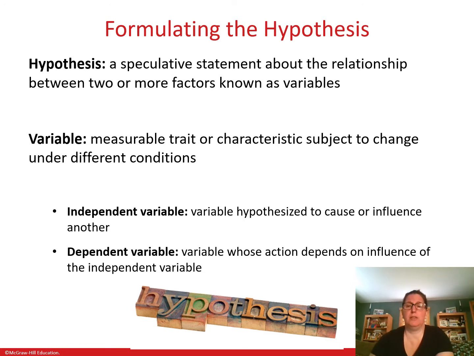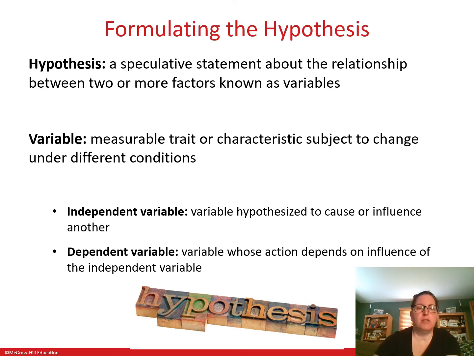We have two kinds of variables: independent variables and dependent variables. We classify these variables according to how one variable can influence the other. The independent variable is hypothesized to cause or influence change in the dependent variable. The dependent variables are the ones that are changed or influenced by the independent variable, so they're dependent on it.